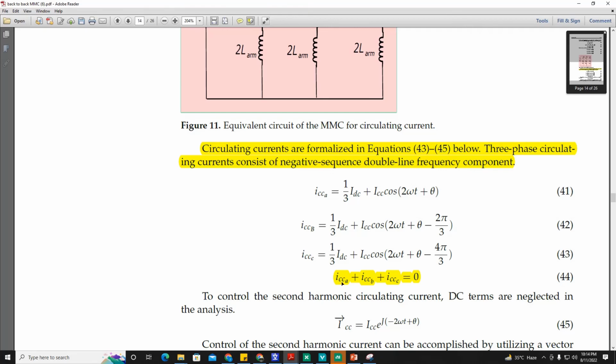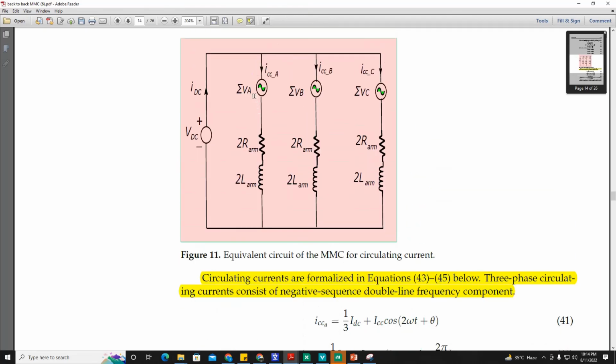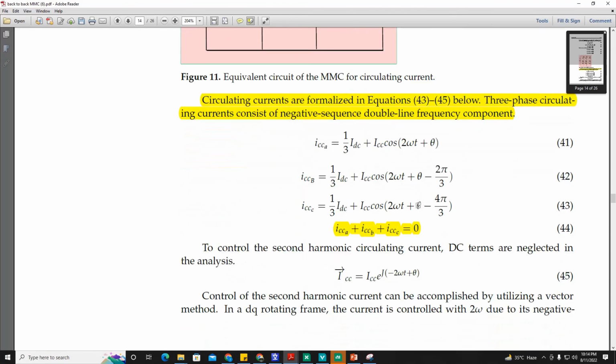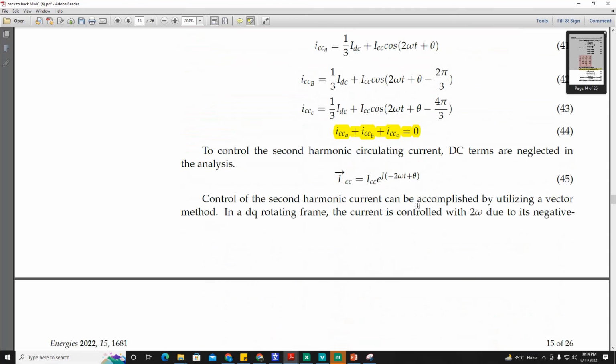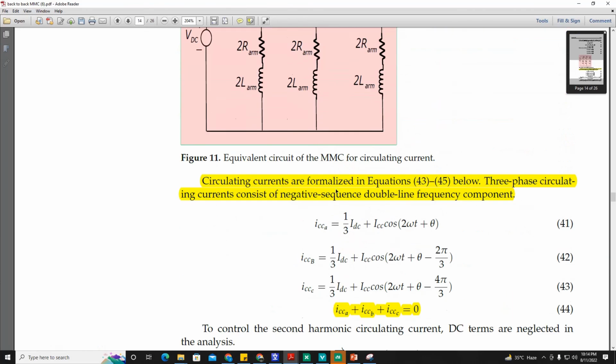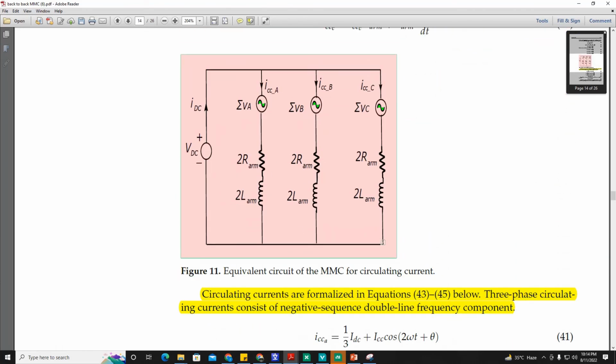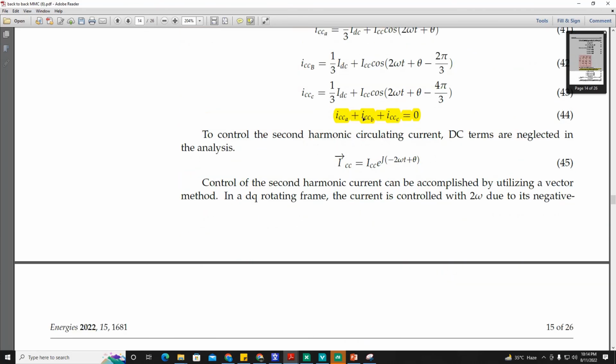What does it mean? This means that the circulating current only flows between the legs, and it is neither going to disturb the DC side voltage, nor affect the output AC terminal voltage of the MMC. It flows only between the legs. This is what the equation means: if you sum them all, their sum will become 0.